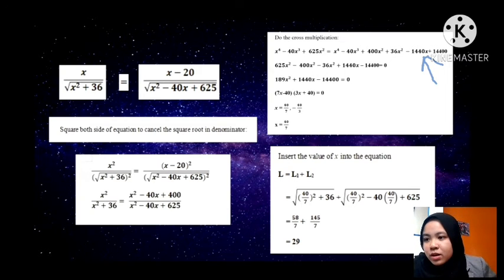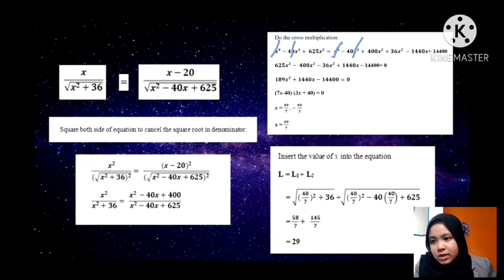From here, you move every term to the left hand side of the equation and cancel out anything that can be cancelled. Here I cancel out x to the power of 4 and 40x cubed. And lastly, you will get 625x squared minus 400x squared minus 36x squared plus 1440x minus 14400 equals 0.